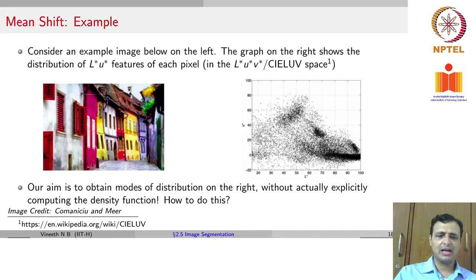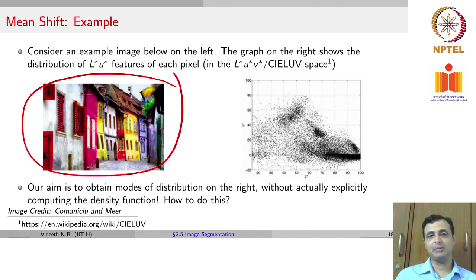So let's consider an example image, as you can see here. It's a fairly real world image. On the right, you see the representation of the image. We talked about color spaces in week 1. One of the color spaces that is popularly discussed is known as the L*u*v*, or the LUV color space.